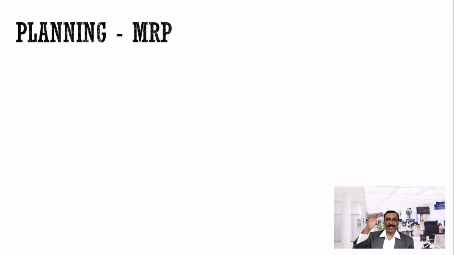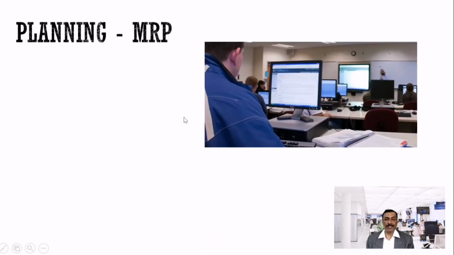As we have seen, from strategic we have moved gradually towards the component level. In MRP, we are talking about component level: what quantity is required, when this item has to be ordered. Of course, this is also a part of the ERP process. This is also one of the core planning functions.